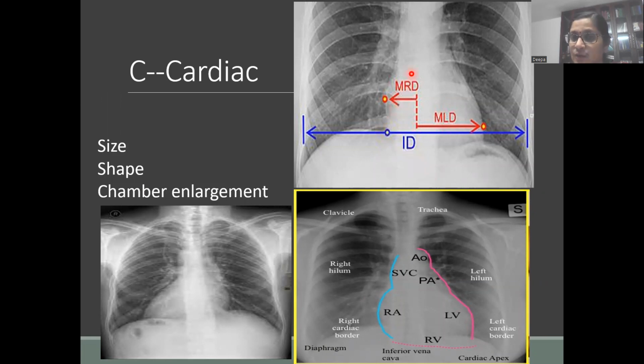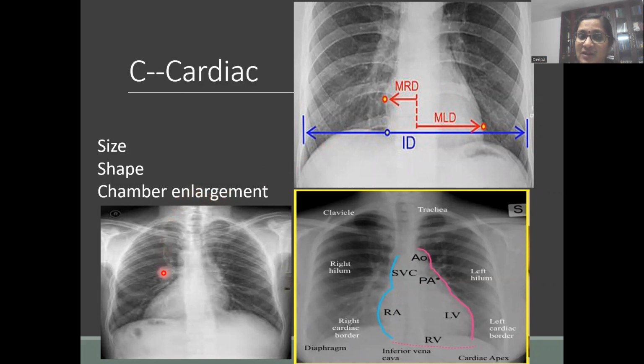Draw a line through the center of the vertebral body, and from this midline, take the maximum transverse diameter to the right and the maximum transverse diameter to the left. Add these maximum diameters on both sides and divide by the maximum intrathoracic diameter. You will get the cardiothoracic ratio. In case of cardiomegaly, the cardiothoracic ratio will be more than 60%.